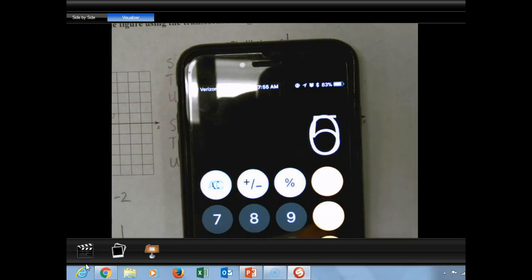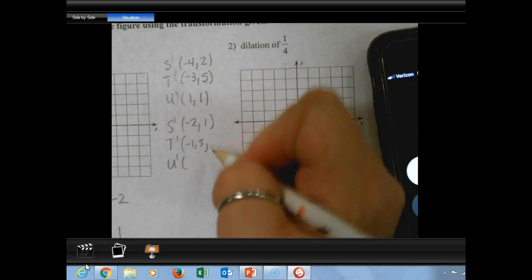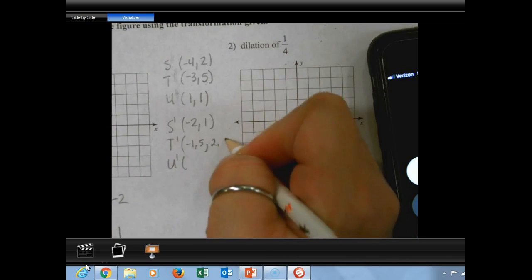Let's do 5 times 0.5. What do I get? That is a positive 5, so it's going to be positive 2.5.